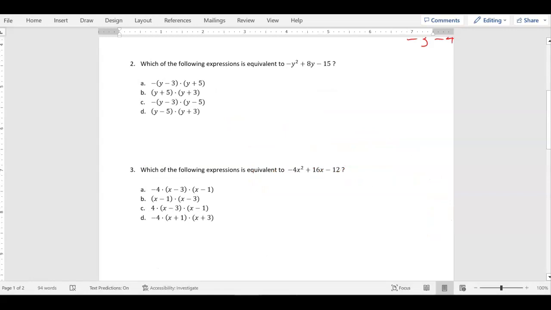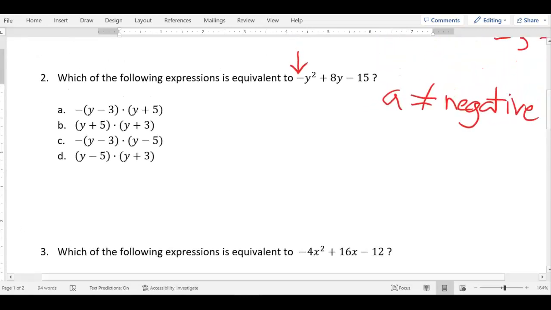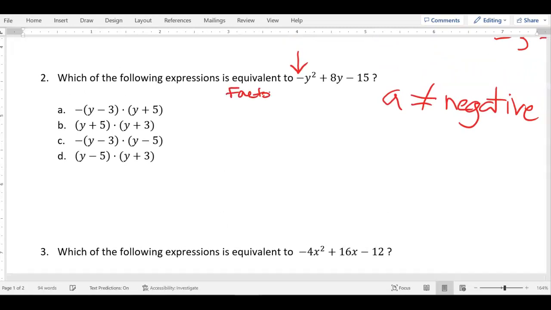Number 2, even though it's started with a negative, you can still factor it with a y, but the thing you have to remember is a cannot be a negative. Okay. So when you have that negative right there in front of y squared, we need to do something to get rid of that negative. So what we're going to do is factor out negative 1.